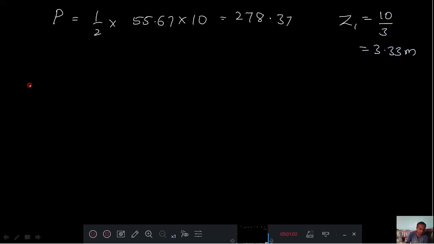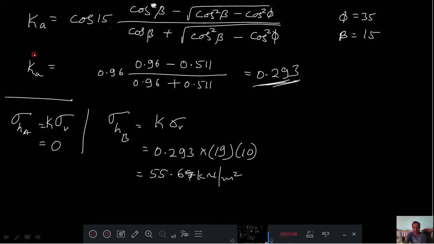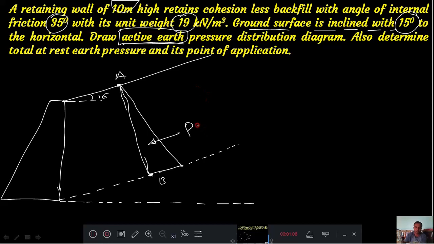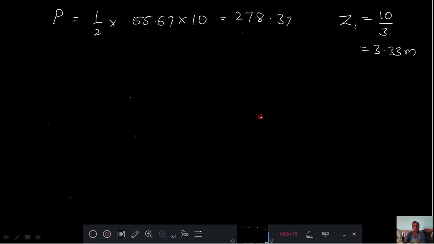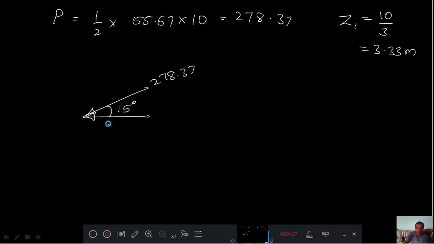Okay. Then after that we will draw that diagram first. This value you got, 278.37. Now actually you want the horizontal stress, but right now we calculated this P, 278.37. This angle is your 15 degrees, the beta value.